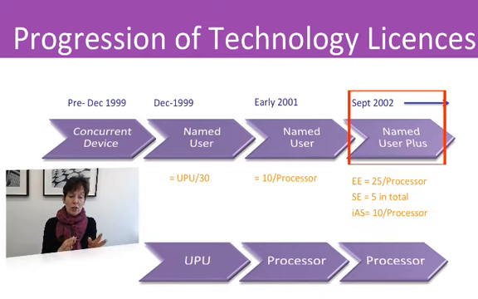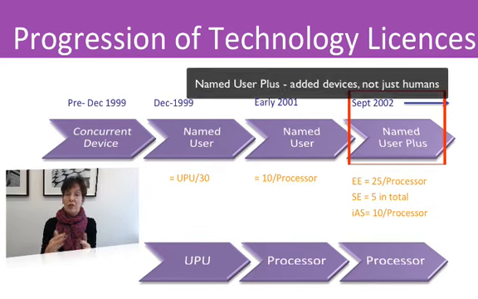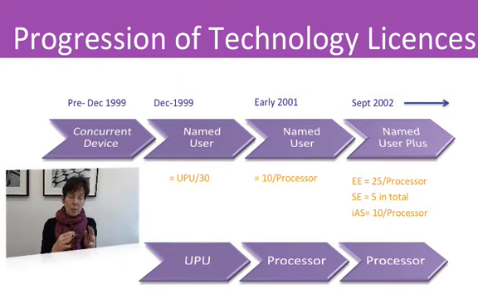In 2002, they tweaked it slightly and came up with a named user plus, and there are some extra features and functionality within a named user plus that were added in. Processors stayed the same, and the minimums were then calculated at 25 per processor for Database Enterprise Edition.